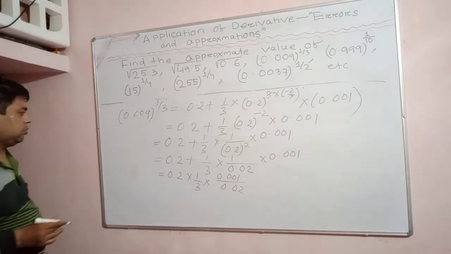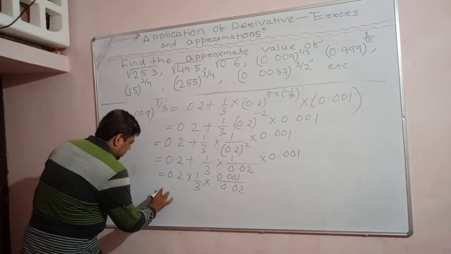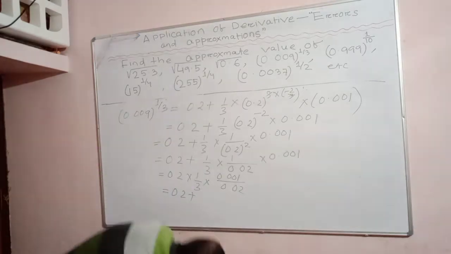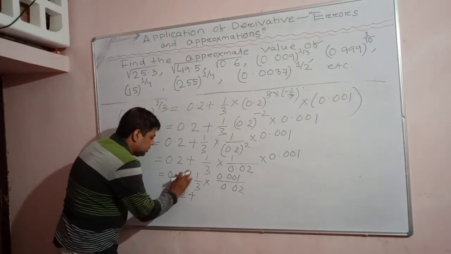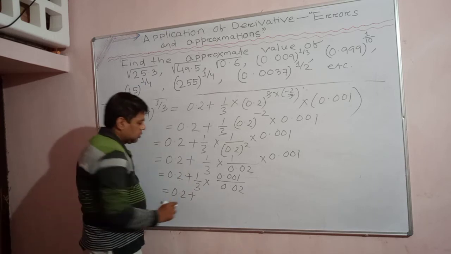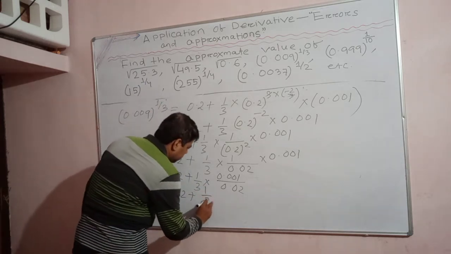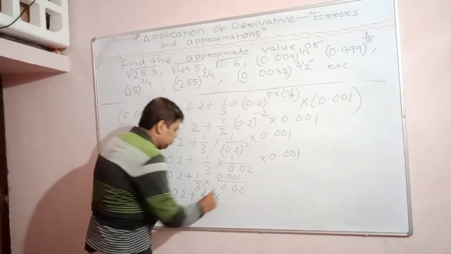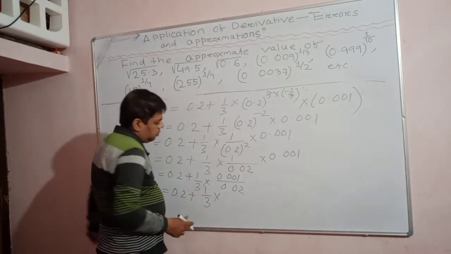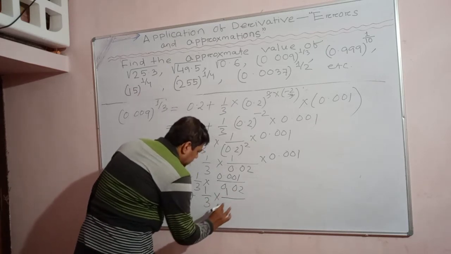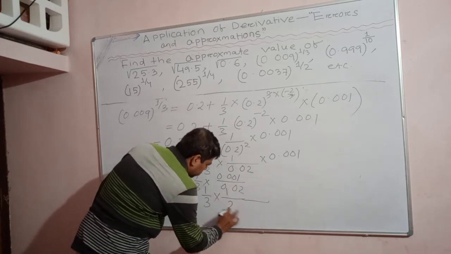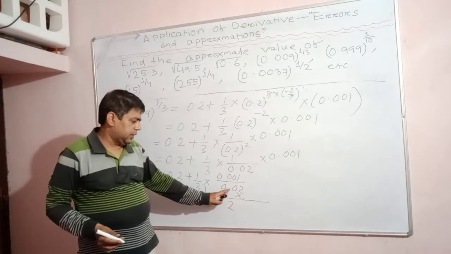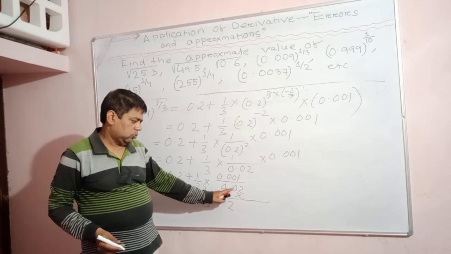Okay. Now remove the decimal point. So 0.2 into 1 by 3 into, okay, 0.001 divided by 0.02, you remove the decimal. 0.001, you remove the decimal, the number will be 1, and this is what? It will be 2. In the denominator you count the digits in the decimal part. How many digits? 2 digits.